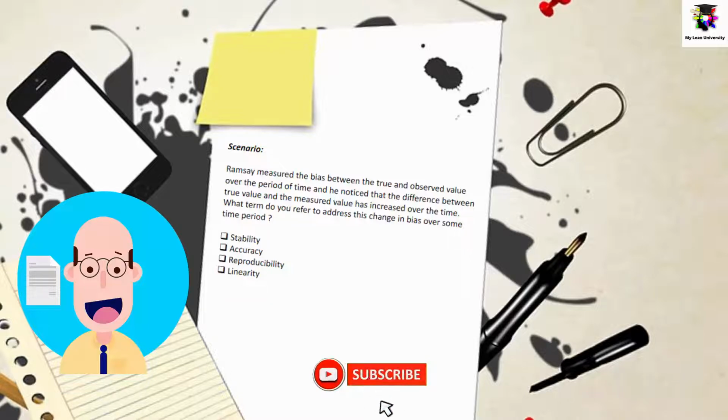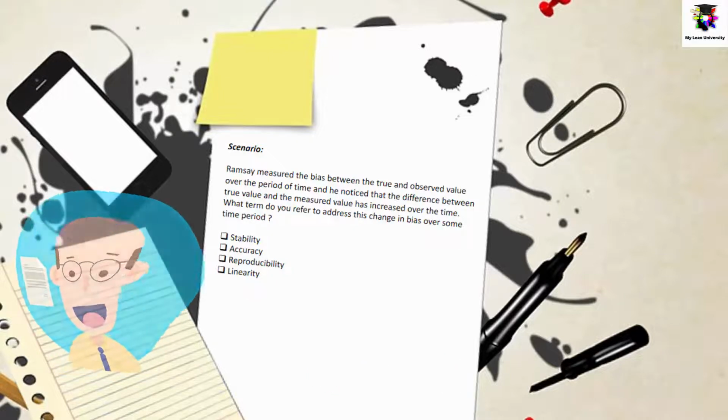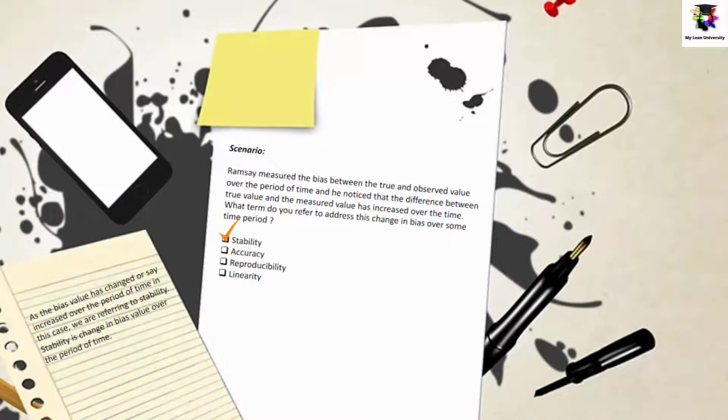Is it accuracy? Is it reproducibility? Or is it linearity? Well, the answer is pretty clear. As the bias value has changed or say increased over the period of time, in this case, we are referring to stability. Stability is change in bias value over the period of time.